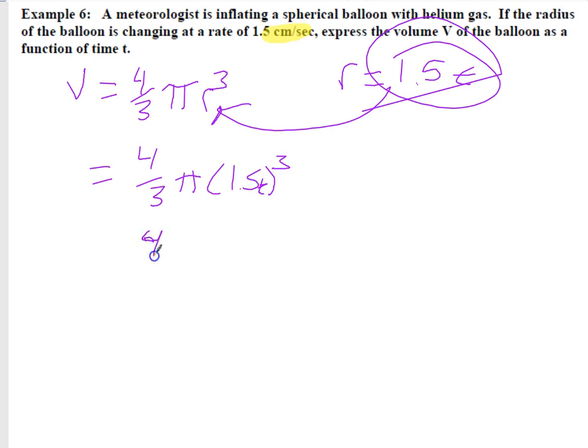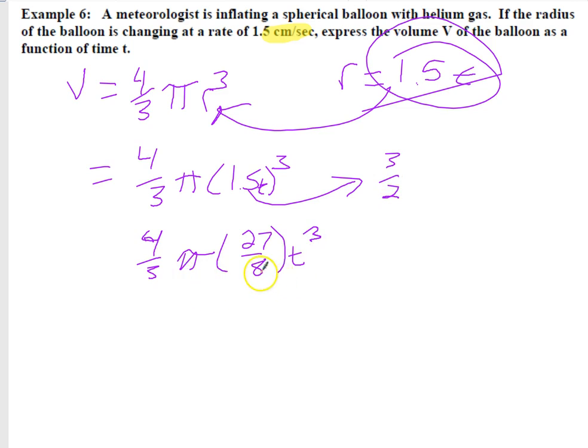So this is 4/3 pi, and then 1.5 cubed is going to be 27/8, because 1.5 is the same as 3/2. So we can cube both of those, t cubed, simplify our fractions. So we get 9/2 pi t cubed is our relationship for our volume.